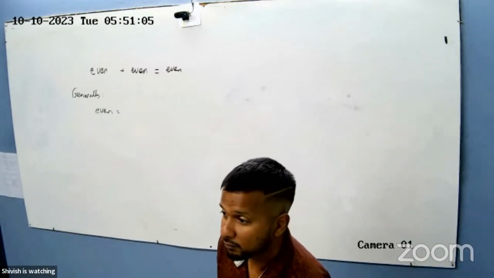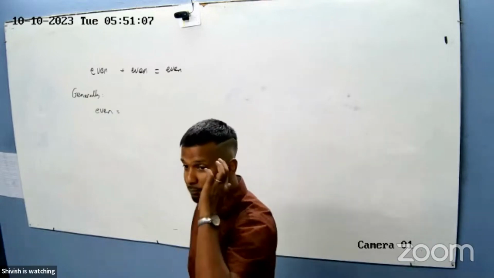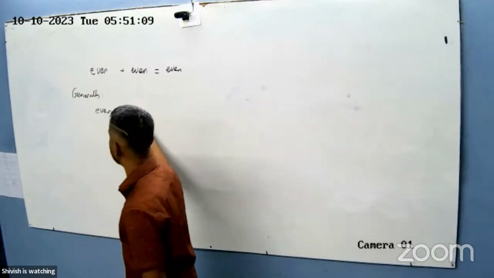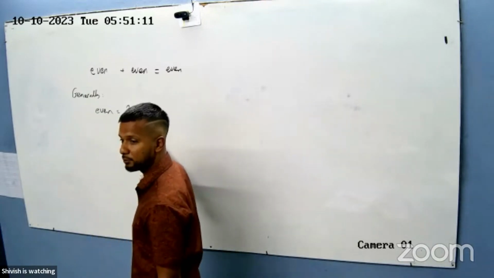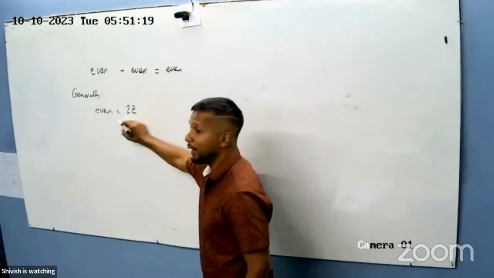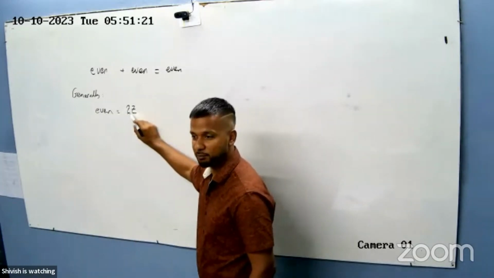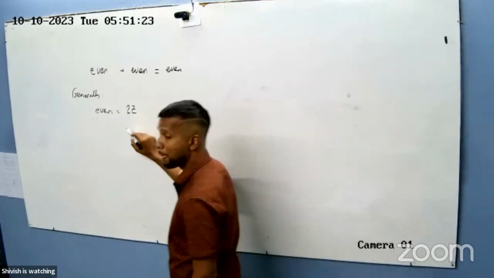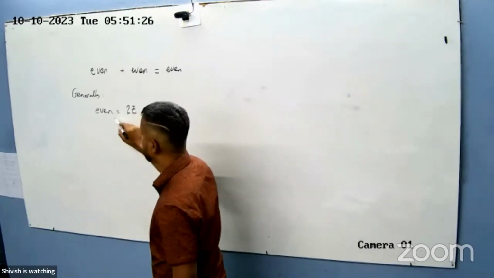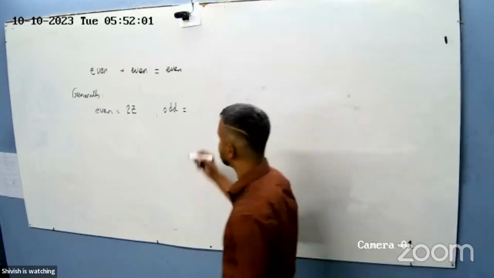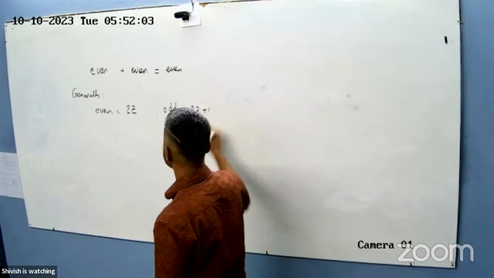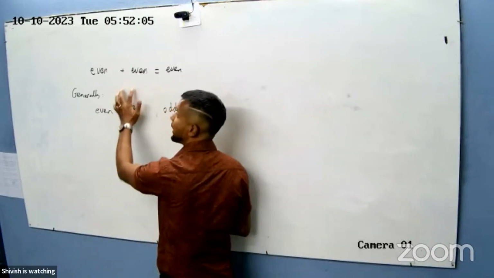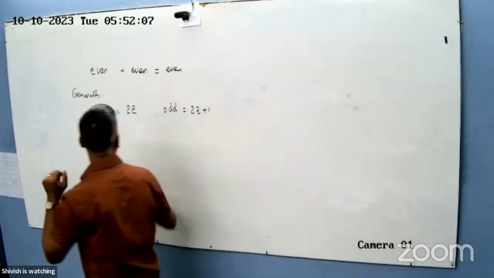Correct? So an even number could be written like what? 2z, right? Okay with that? And what's the odd number? 2z plus 1. Nice. How do we show that the sum of even numbers is always even?